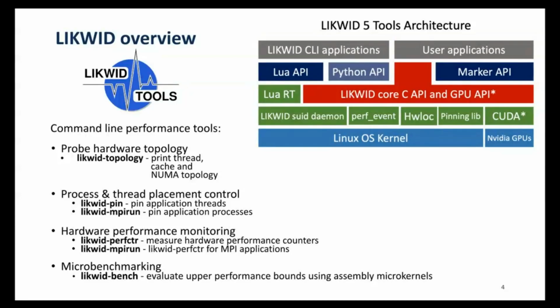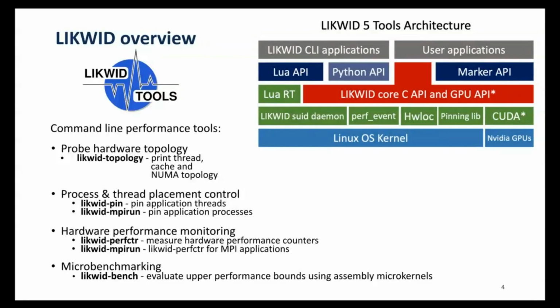Then finally, we will mention very briefly LIKWID bench, which is a tool to be able to run a number of different microkernel benchmarks provided by LIKWID to help both validate performance counter measurement using LIKWID perf counter and to understand upper bounds for hardware performance, concrete upper bounds, realistic hardware performance on a given architecture.